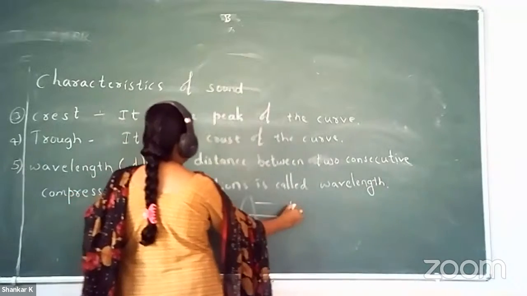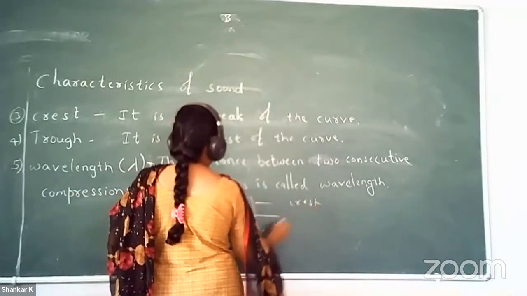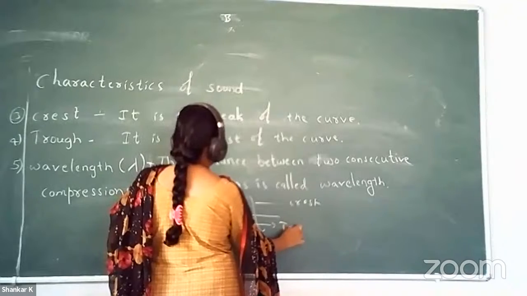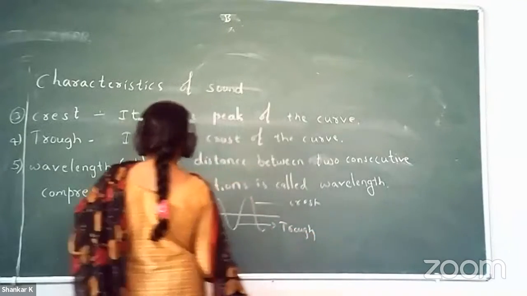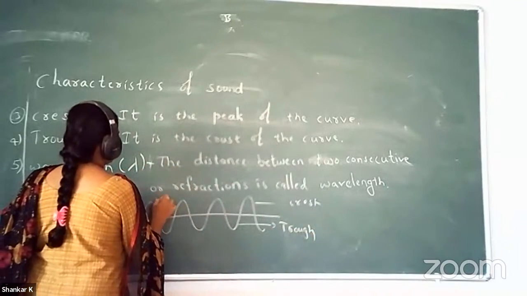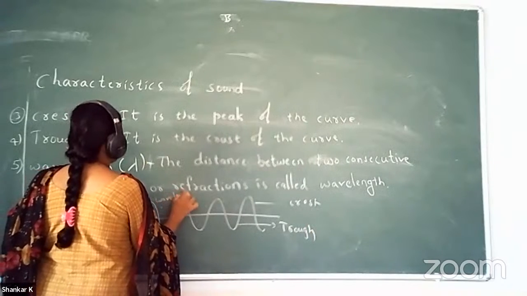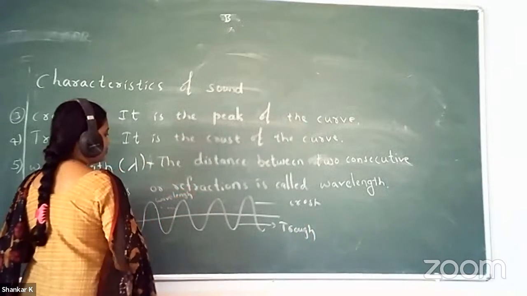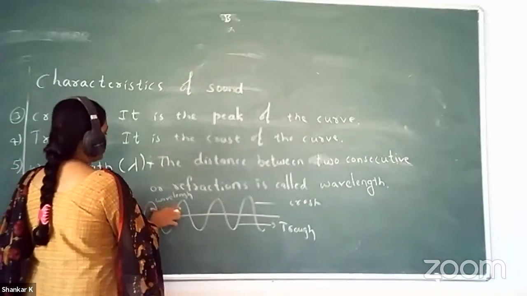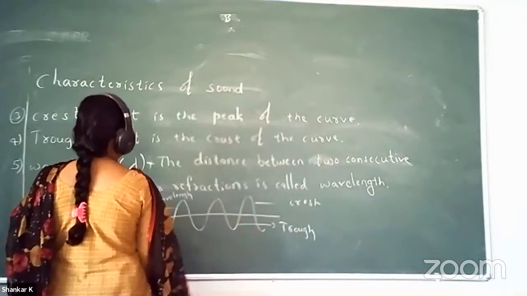This is crest and this is crest, and this is the wavelength. Okay, so this is compression and this is rarefaction.